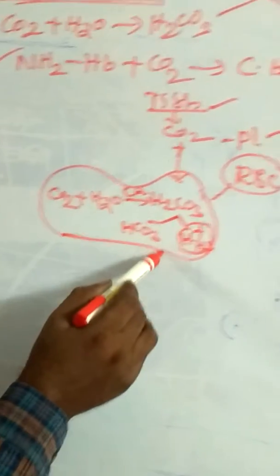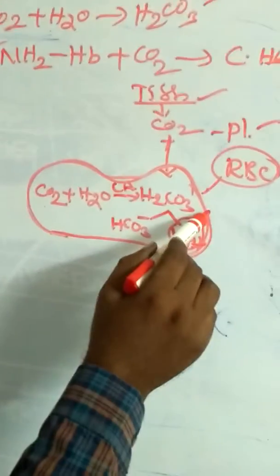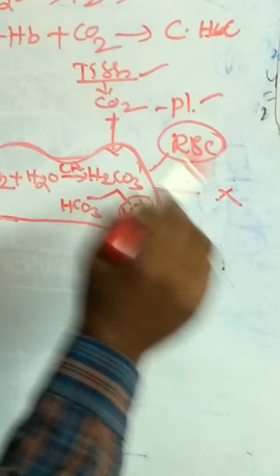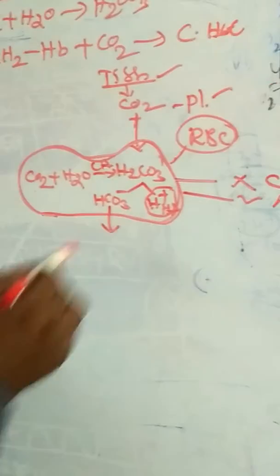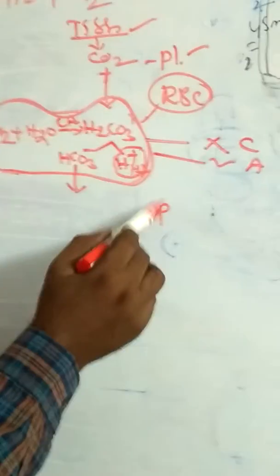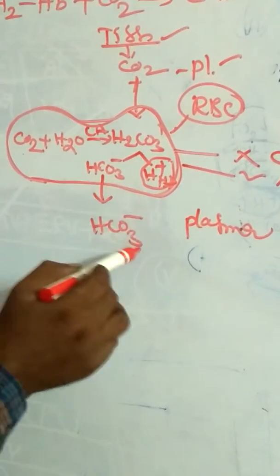This is the plasma lemma or cell membrane of the RBC. It is impermeable to cations, permeable to anions. So HCO3 minus from the RBC enters into the plasma. That means anions enter into the plasma.